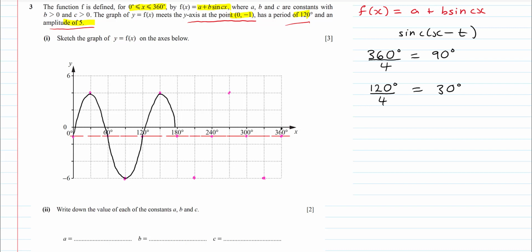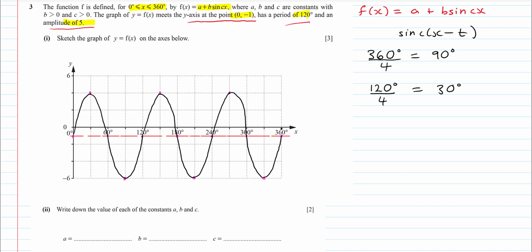So we come back down, cut our principal axis 180 degrees, cut it again at 240, and then our maximum point and our final minimum point, and then back to our principal axis, and that's our 3 cycles there. Okay, so that is what the graph will look like. So that is y equals f of x there.